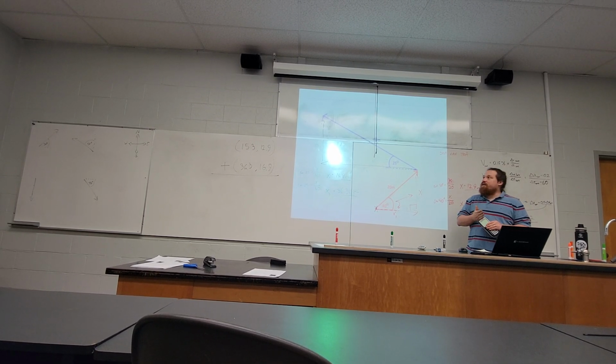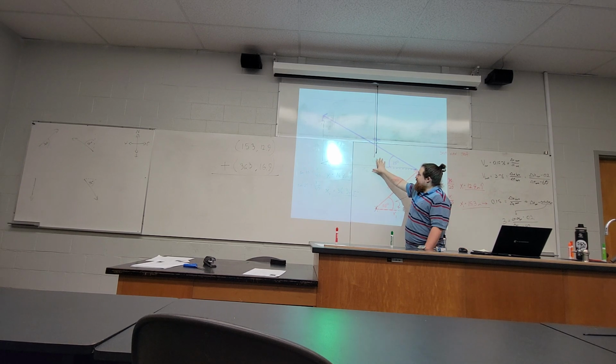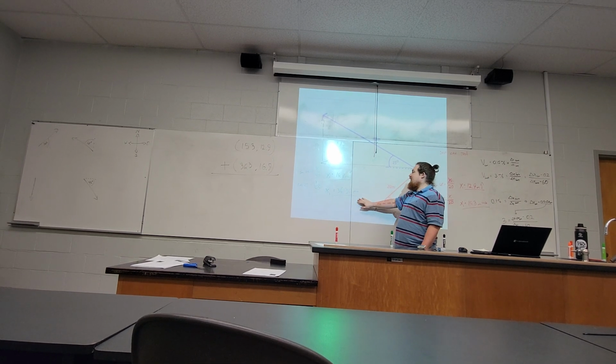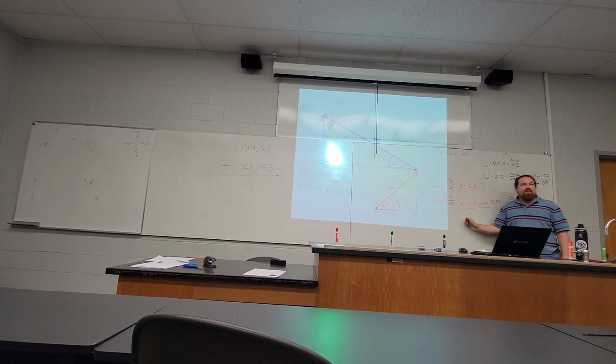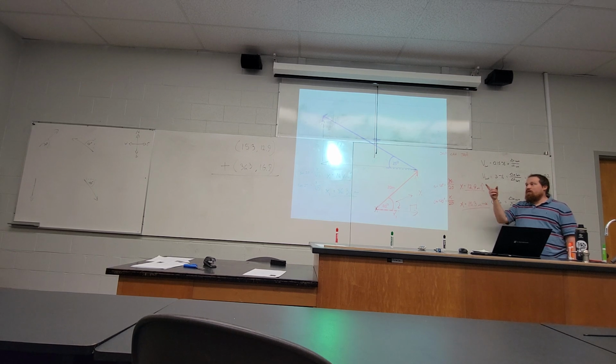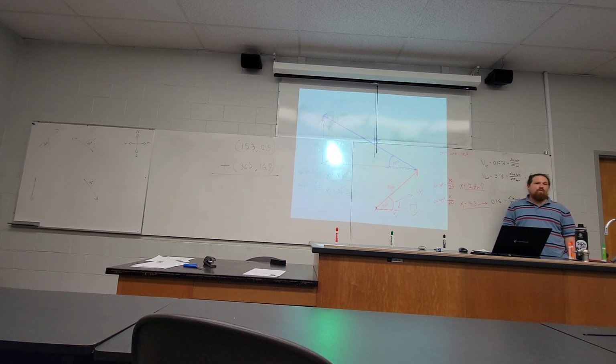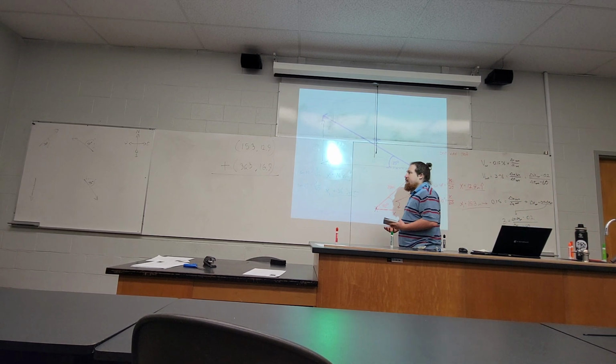Your calculator doesn't know that the x leg of this triangle points in the opposite direction as this one. So it gave you a positive number, even though technically speaking, one of those two legs needs to be negative to indicate that they are working against one another. Your calculator cannot tell you that on its own.